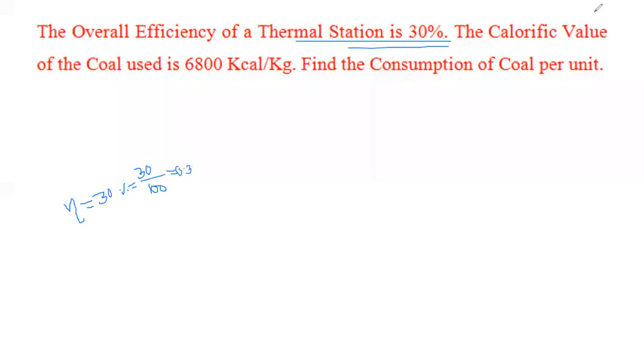The calorific value of coal is 6800 kilocalorie per kg. Here they have given the calorific value, 6800 kilocalorie per kg.